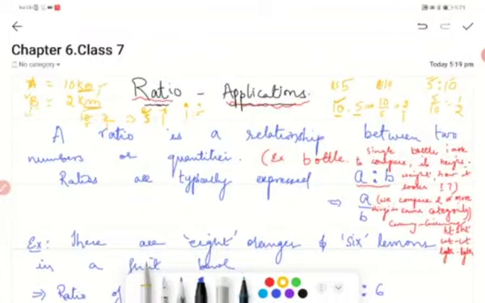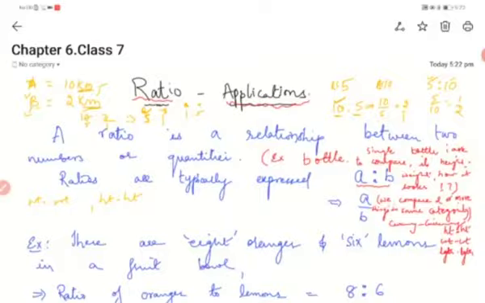The category should be the same for the things you are comparing. Currency with money, distance with distance, weight with weight, height with height.